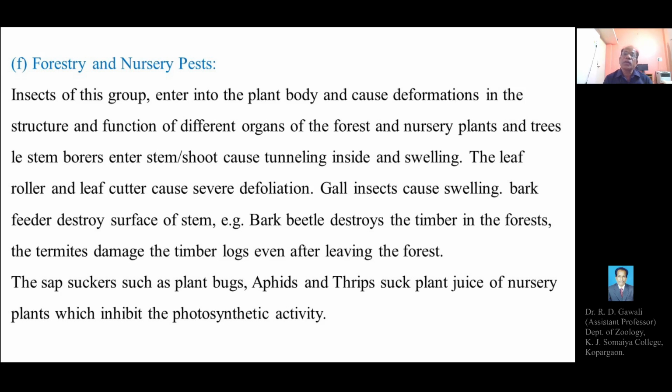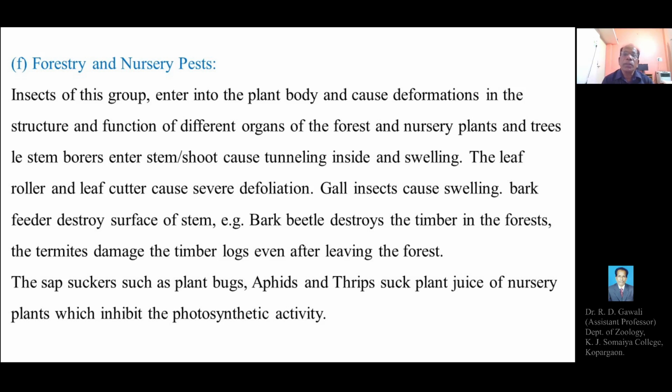Then gall insects cause swelling. Then bark feeders destroy the surface of the stem, like the bark beetle, destroying the timber in the forest. The termites, that is wood-eating termites, feed on the cellulose material of the plant tissues or shoots and damage the timber logs, even in the forest as well as outside the forest after leaving the forest.